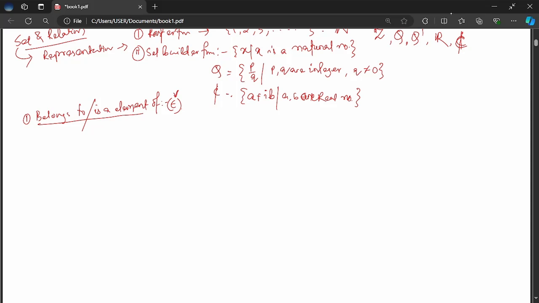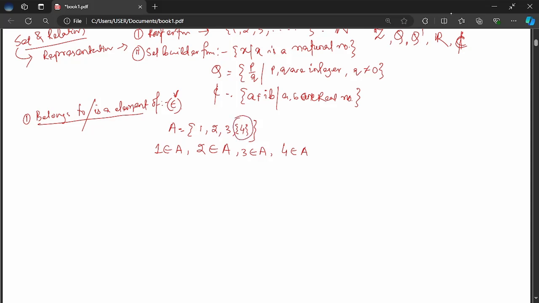For example, if I write a set A as {1, 2, {4}}, I write 1 belongs to A, similarly 2 also belongs to, or is an element of, A, 3 belongs to A. But if I write 4 belongs to A, this is wrong, because here 4 is bracketed, which means this element is itself a set.